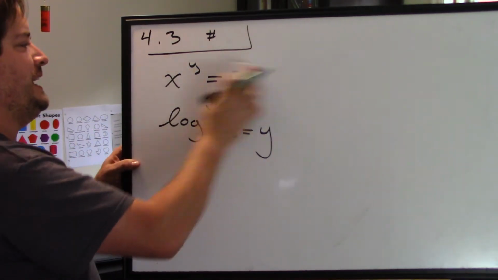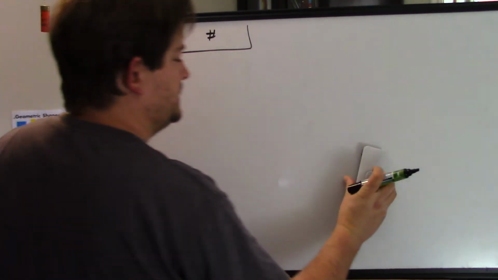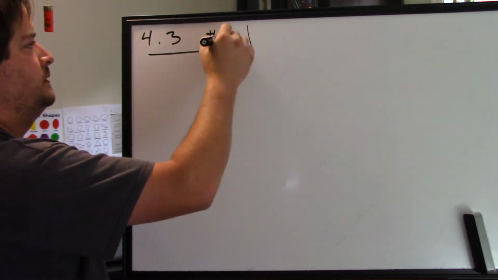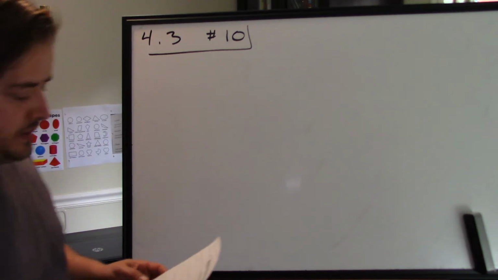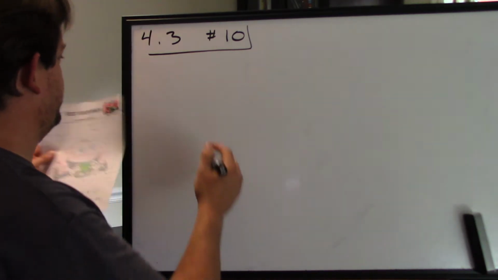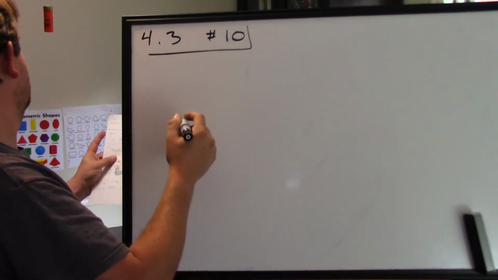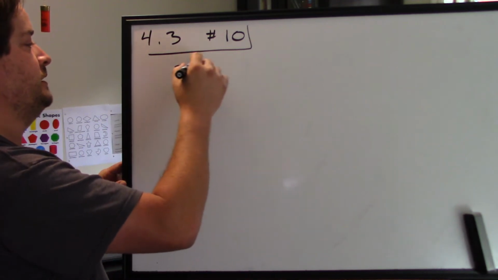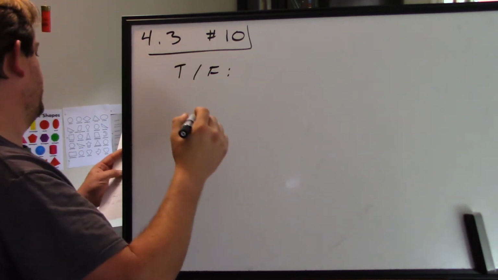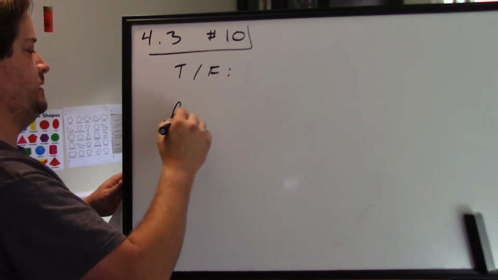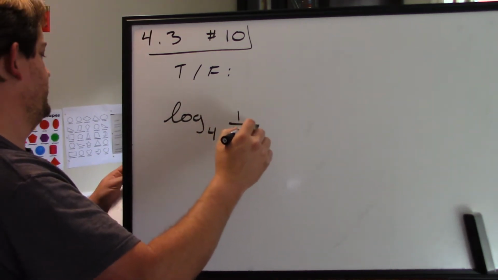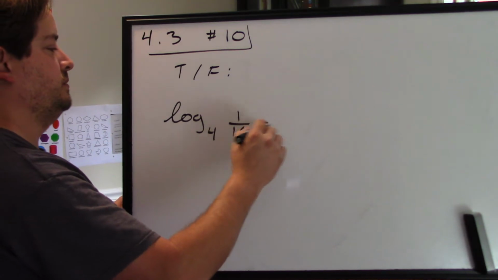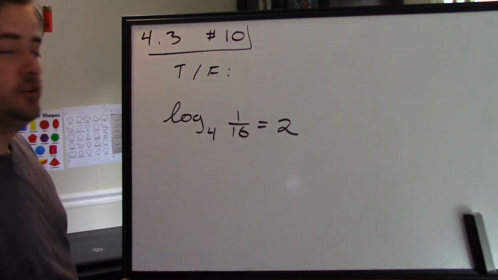Let's look at number 10 as well. Number 10 says to go the other way, to write log. Oh, just kidding, it's a true or false question. It says log base 4 of 1 over 16 is equal to 2. True or false.